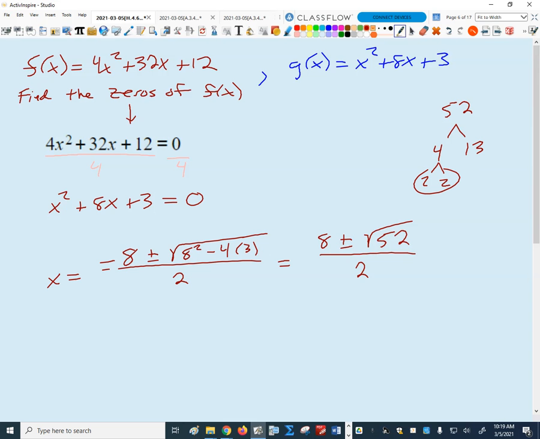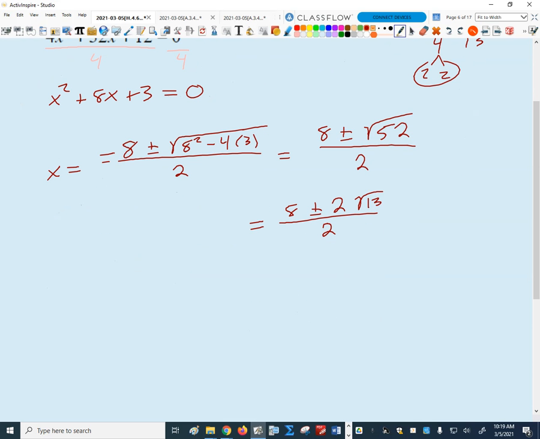So I'm going to end up with 8 plus or minus 2 times the square root of 13, over 2. And now I could simplify both parts of that fraction. I could make that 8 over 2, which is 4, plus or minus 2 over 2 cancels, and I get the square root of 13, right?